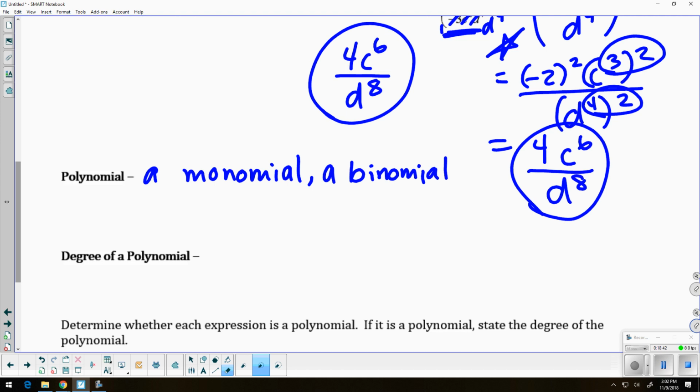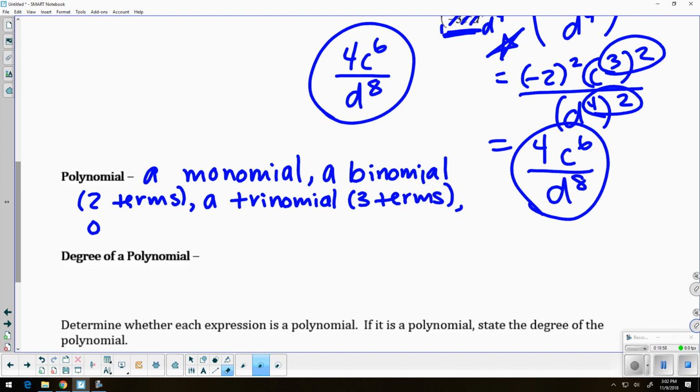If it's a binomial, we're just talking about 2 terms, because bi means 2. It could be a trinomial, which is 3 terms, because tri means 3. Or it could also be 4 or more terms.